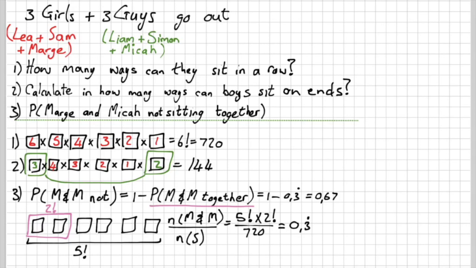Ladies and gents, I encourage you, when 2 things or 3 things are placed together, put them in a box, and don't forget to multiply by the possibilities of the movement in the box. If things have to be in set positions, place them in cement. But don't forget about how many different options there are inside the cement as well, like we looked at with number 2.